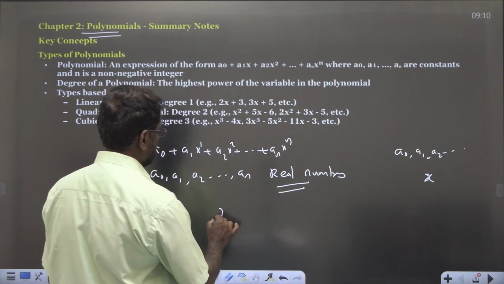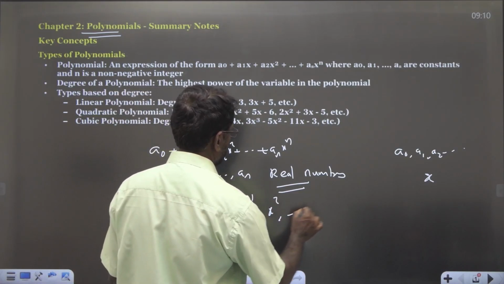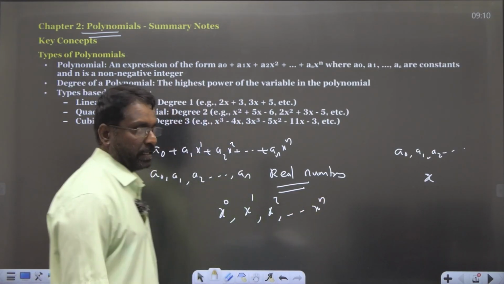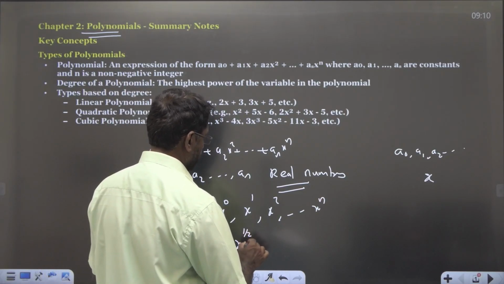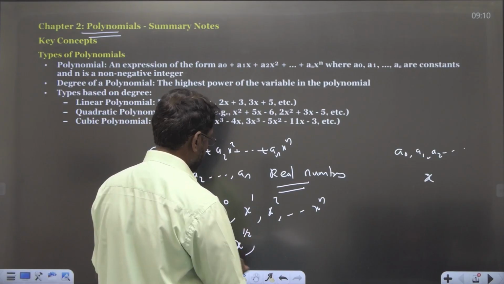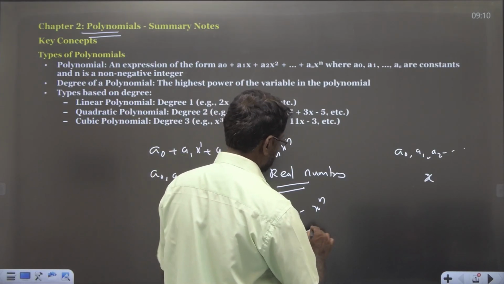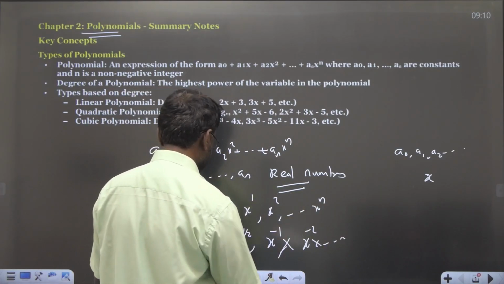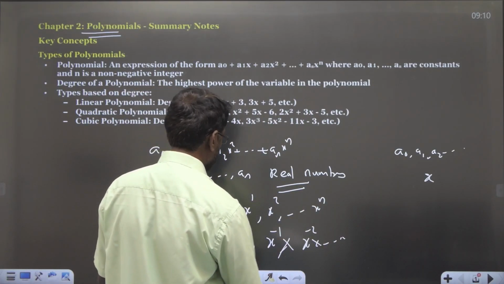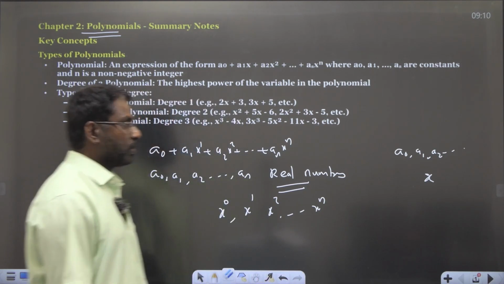That means it can be x raised to 0, x raised to 1, x square, etc., x raised to n. This is not possible. X raised to 1 by 2, it is not possible. X raised to negative 1, it is not possible. X raised to minus 2, etc. It is not possible. Only positive integers including 0. The power of the variable is always.